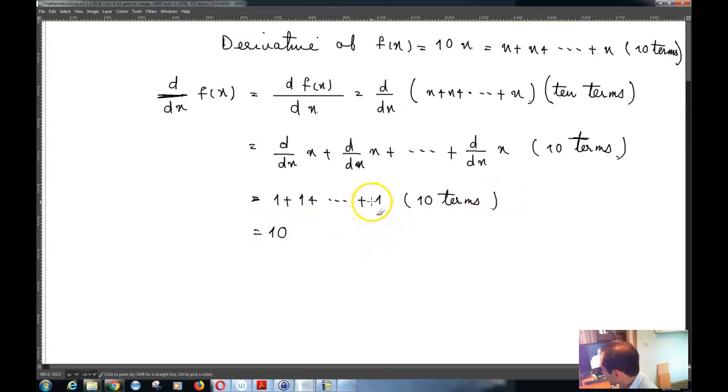So we know that this may also be evaluated using the product rule, right? f of x is equal to 10x, and set this equal to u times v.